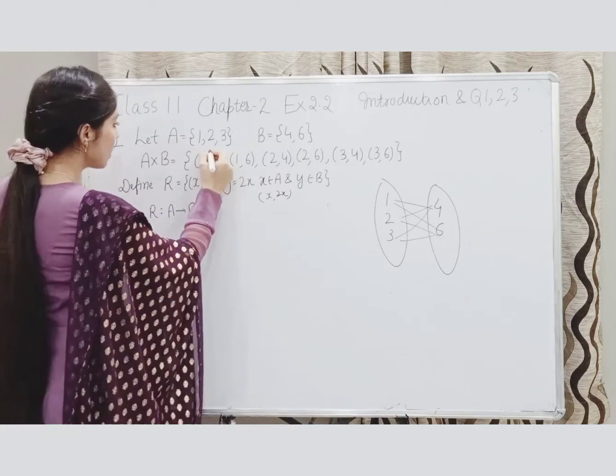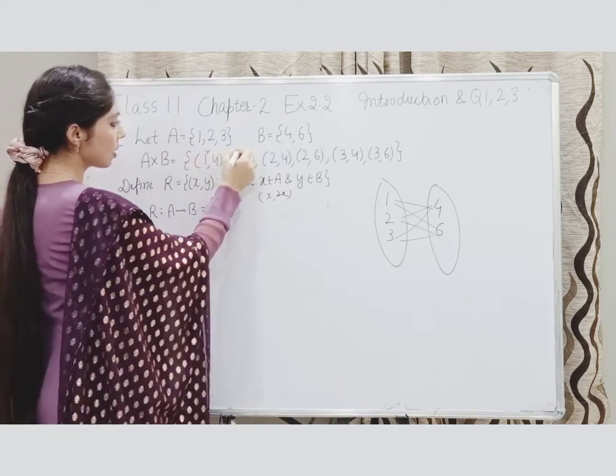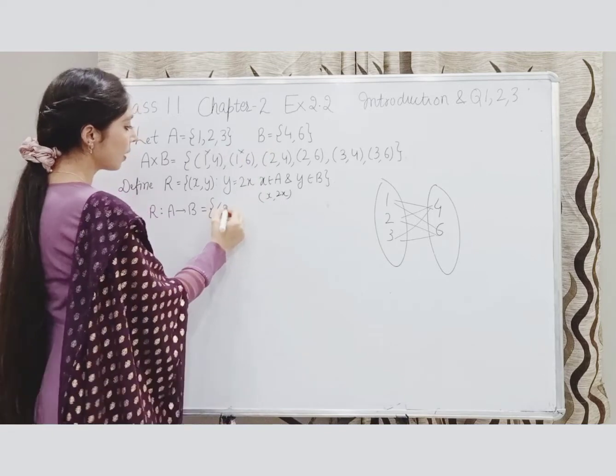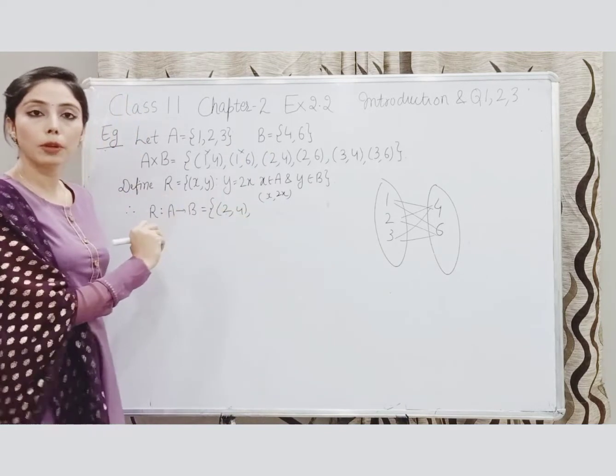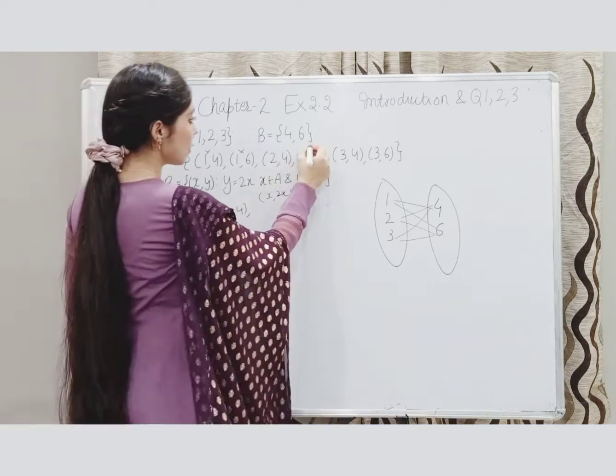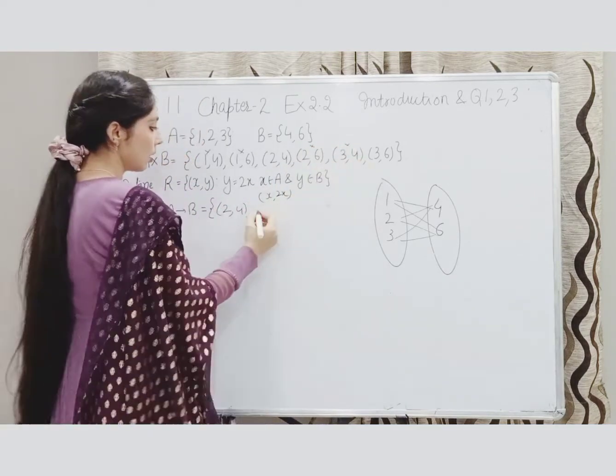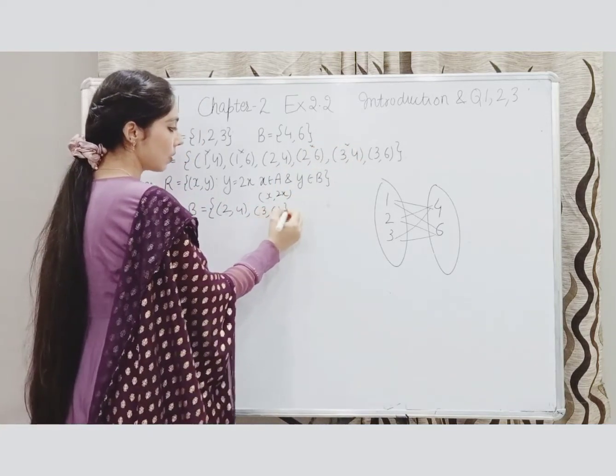So (1,4) does not satisfy this condition, and (1,6) too. Here we will write (2,4) because the second element is double the first element. (2,6) will be cancelled out, (3,4) will be cancelled out, and next will be (3,6).